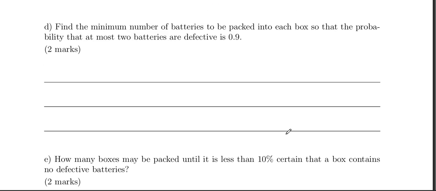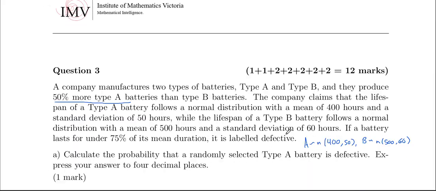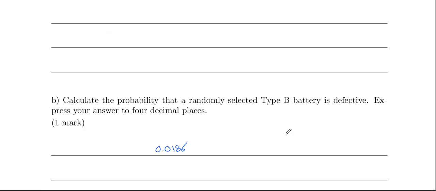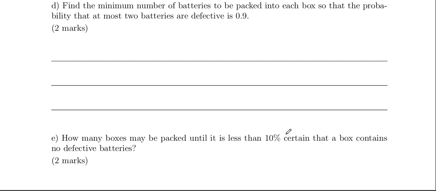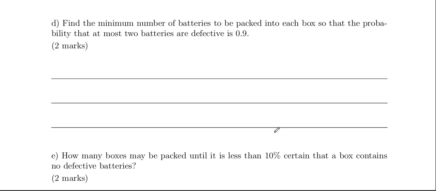Find the minimum number of batteries to be packed into each box so that the probability that at most 2 batteries are defective is 0.9. So for this question, I'm going to assume that each box also follows the same rule that there are 50% more type A batteries than B batteries in the box. So this is going to be a binomial. X is binomial with a number of trials of n.